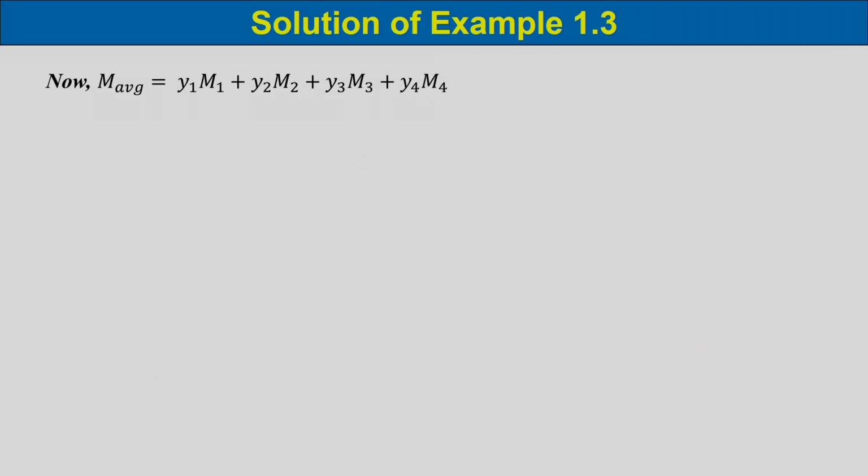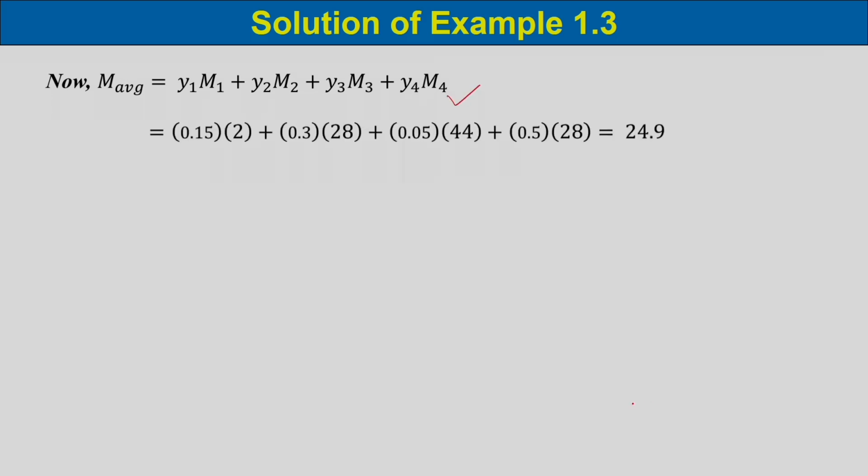Now, M average we can calculate as y 1 M 1 plus y 2 M 2 plus y 3 M 3 plus y 4 M 4 using this relation. If we substitute, it would be equal to 0.15 into 2 plus 0.3 into 28 plus 0.05 into 44 plus 0.5 into 28.